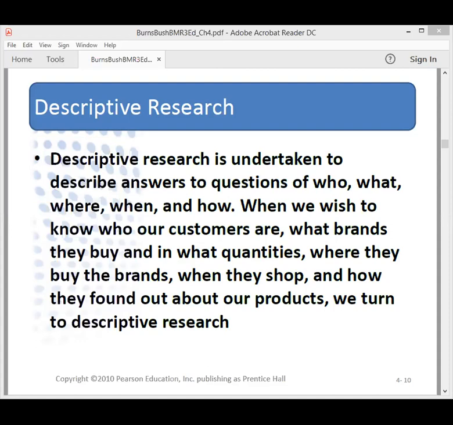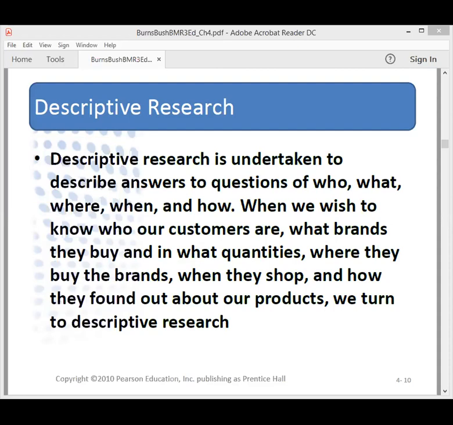Cross-sectional studies measure units from a sample at only one point in time. So sample surveys are cross-sectional studies whose samples are drawn in such a way to be representative of the specific population, but it's only at one point in time.